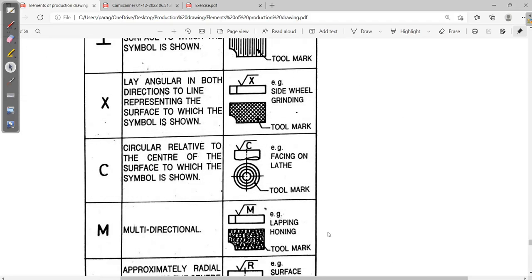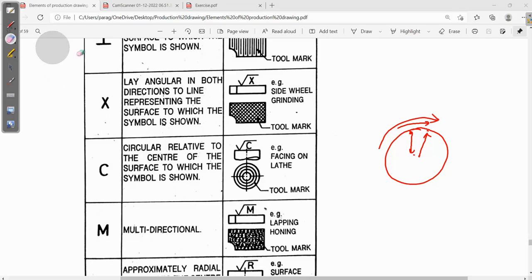You have already performed a facing operation on a shaft. What you are doing is, you have a cutting tool, and the shaft is always rotating on the lathe. Along with the rotation, you are bringing the tool to the center, or from the center moving to the periphery or circumference.